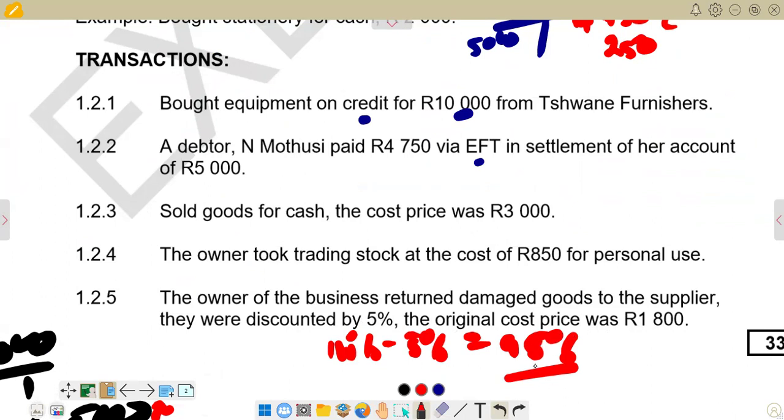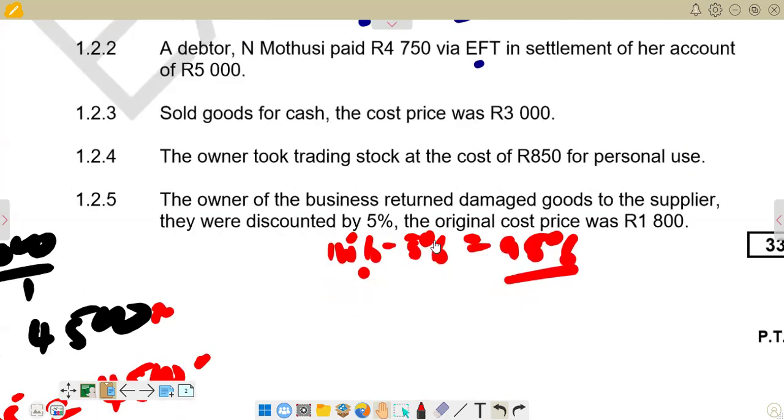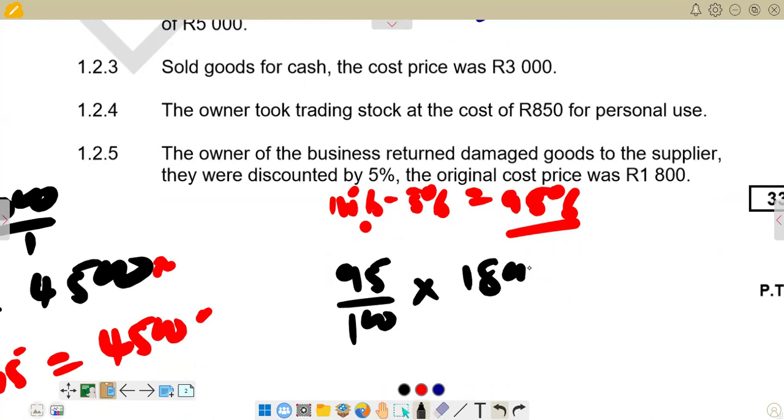So basically, what we are going to do now, we are going to say 95% of the total value of the goods, which is 1,800. So 95% is 95 of 100 times our 1,800.